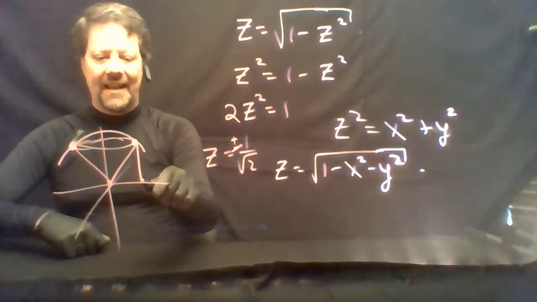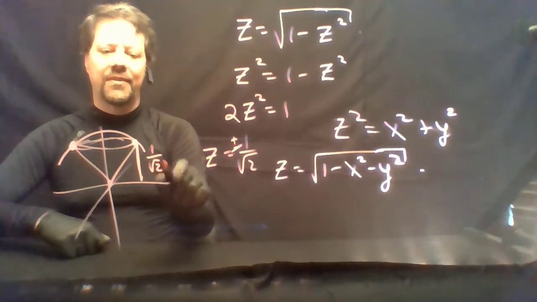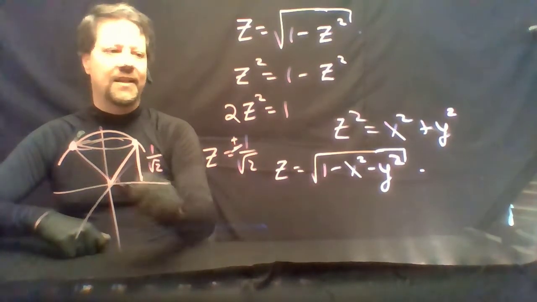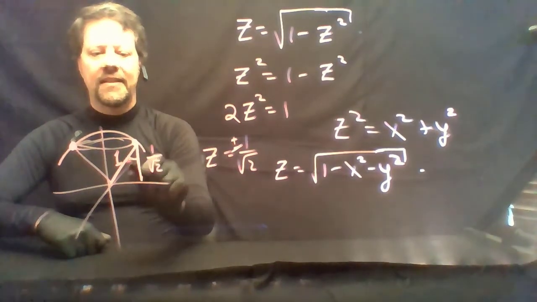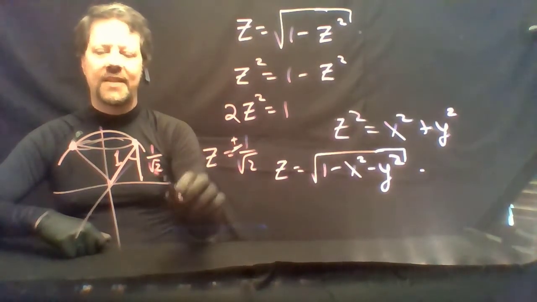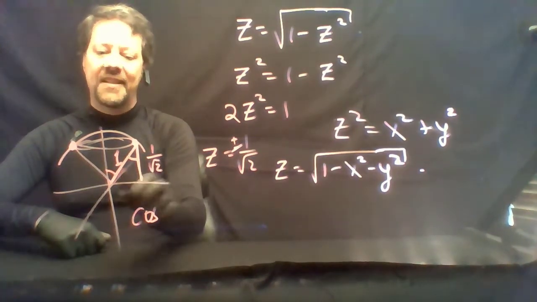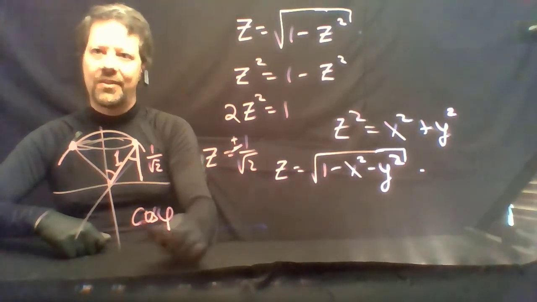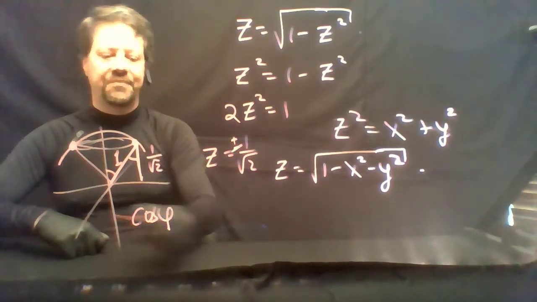So if I drop an altitude here, the z is going to be 1 over the square root of 2, where this radius is the radius of the sphere, which is 1. This angle, then, will be adjacent over hypotenuse equals cosine. That angle will be the same as the colatitudinal angle where the cone meets the sphere.